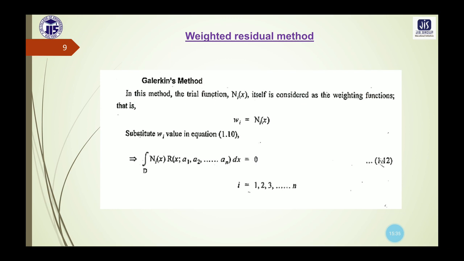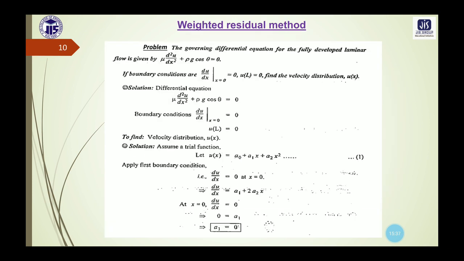Now based on this concept, we will discuss some numericals. Okay, so the first numerical is given here: the governing differential equation for the fully developed laminar flow is given by mu d2u/dx2 plus rho g cos theta equals 0.